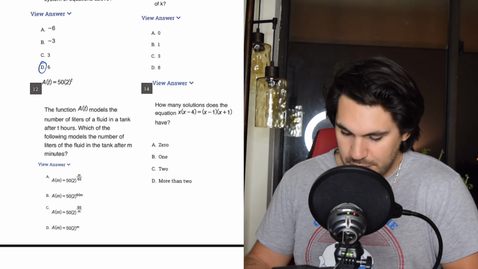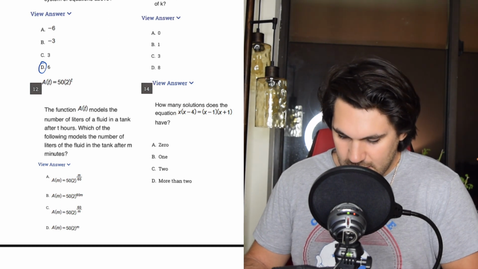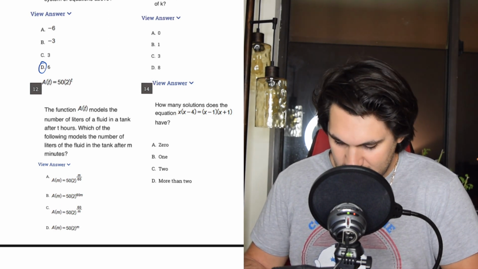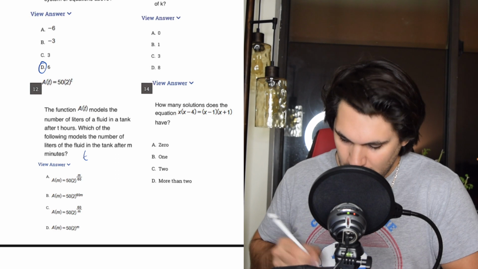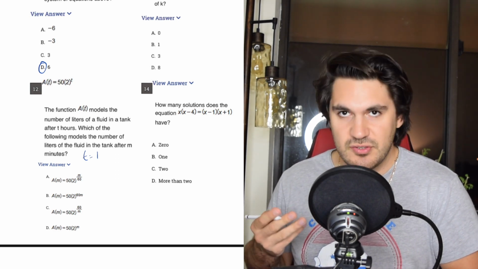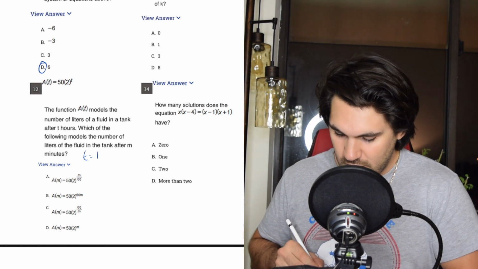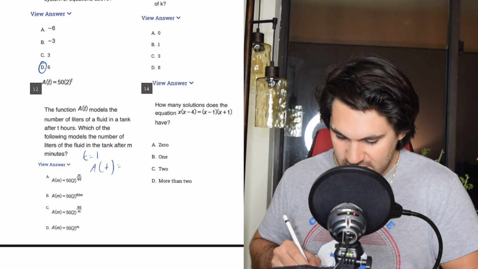So for example, let's say that we know that after 1 hour, let's say T equaled 1. If T equals 1, our function is going to become 50 times 2 raised to the first power. So A of T would end up being just 50.